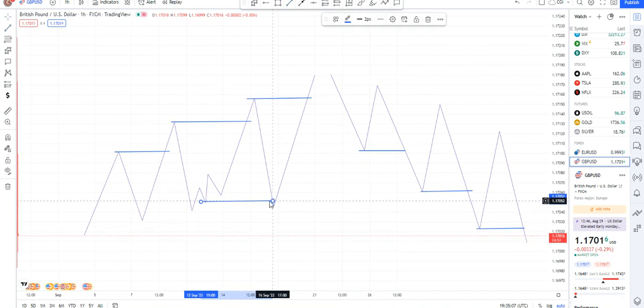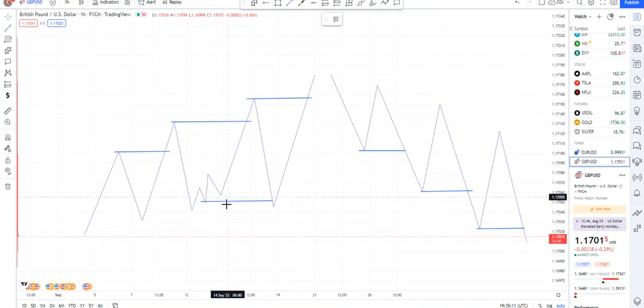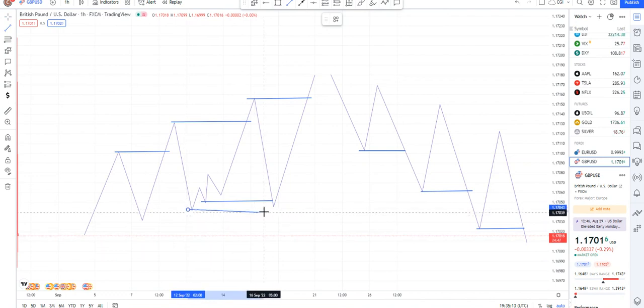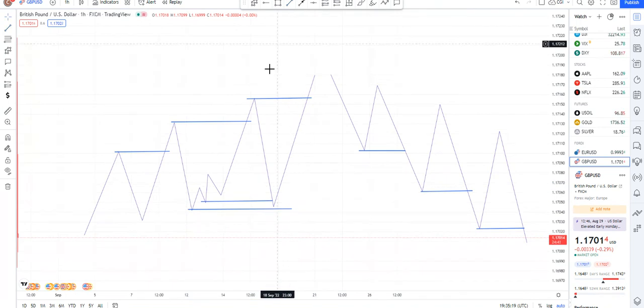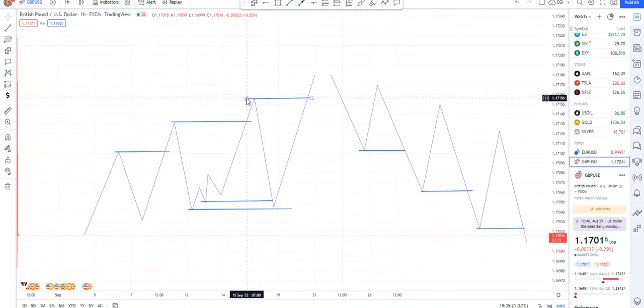So you might buy when price takes out this internal liquidity, fix your SL at your major liquidity and have your external liquidity as your final target. So you might take profits on the way, but this will be your final target.